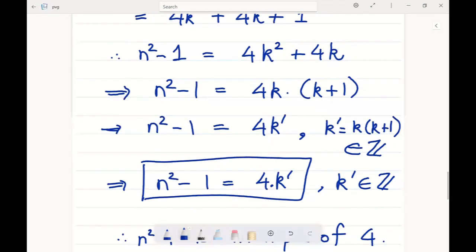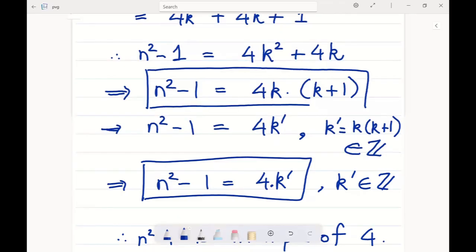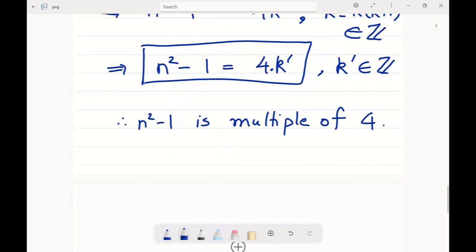Okay, now remember this expression. This expression will be very useful for us in the next problem: that n square minus 1 is 4 into k into k plus 1, where k is always an integer. So let me make a note here.